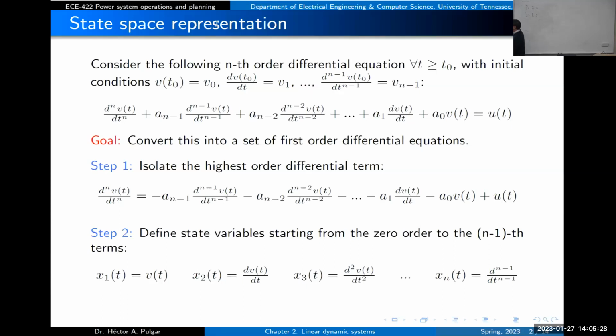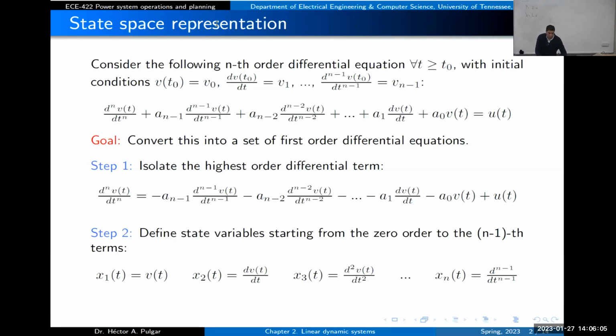That has to do with the number of times you differentiate the variable. So we will start with order 0 and define that as a state variable. The second is going to be the first derivative, and we will continue in that fashion until we get the n minus 1 derivative, which is going to be our last state variable. So first we obtain this explicit expression for the n derivative, then we define the state variables.